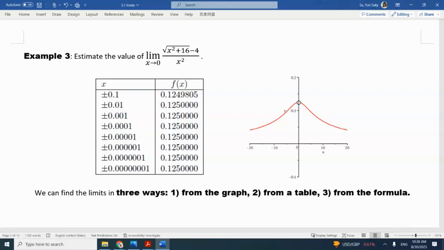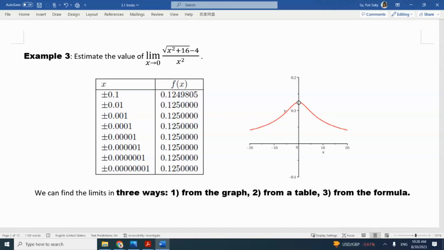Okay. Or you can graph the function. Do you know online there is something called GeoGebra or Desmos? Then you can input the function and they give you the graph. Okay, everybody? So you can use those to draw the graph. And then you can see, oh, here, this is our limit.